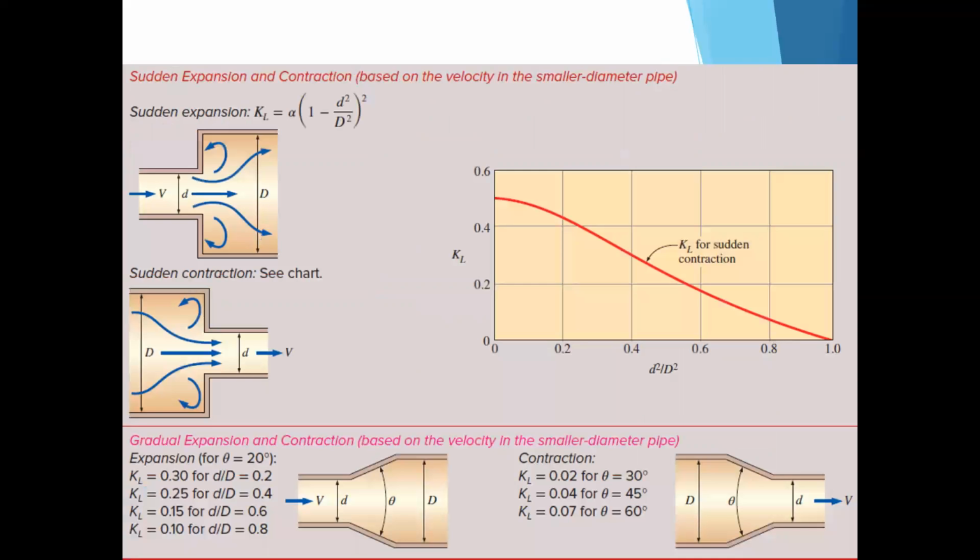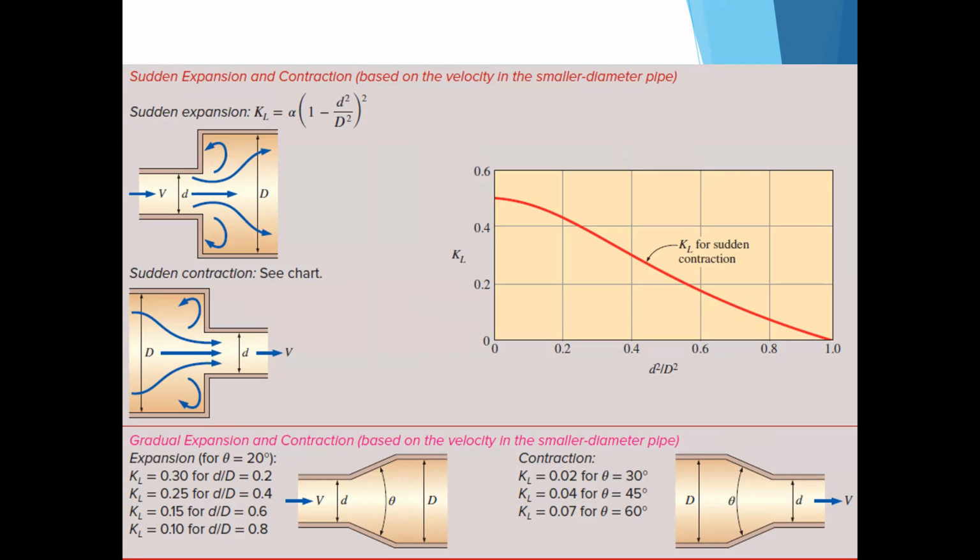All right. What else do we have? Sometimes the KL value depends on alpha and also the diameter, if it's a sudden expansion or contraction, or you can use the graph to find KL based on the diameter, or sometimes based on the data for gradual expansion and contraction.